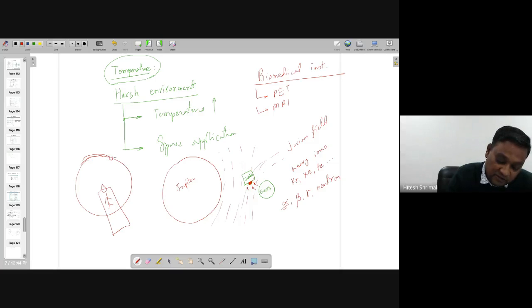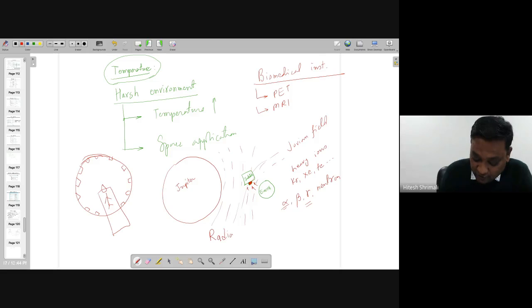Then there are lots of sensors, right? And it's also associated with the gamma rays bombarding, right? So I'm talking about those radiation, and I want to make a circuit which is, I would say, radiation resistant, or the circuit which is going to be radiation hardened.